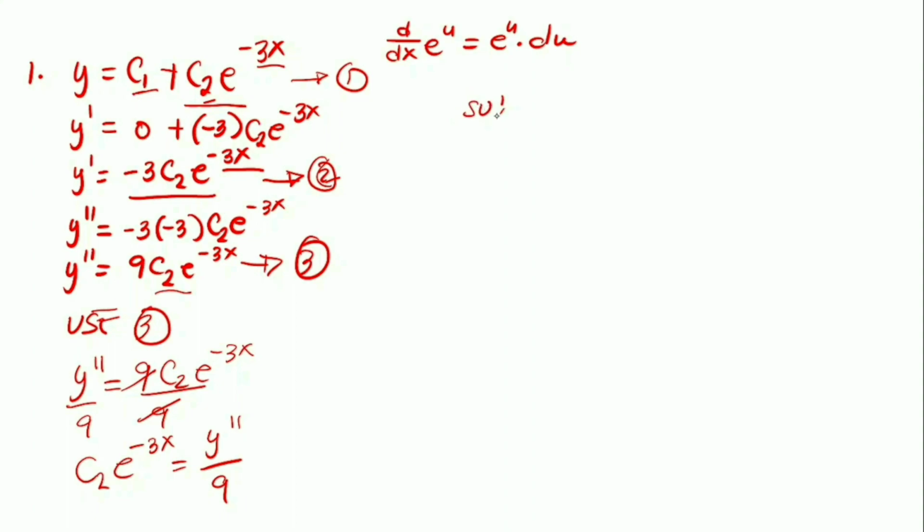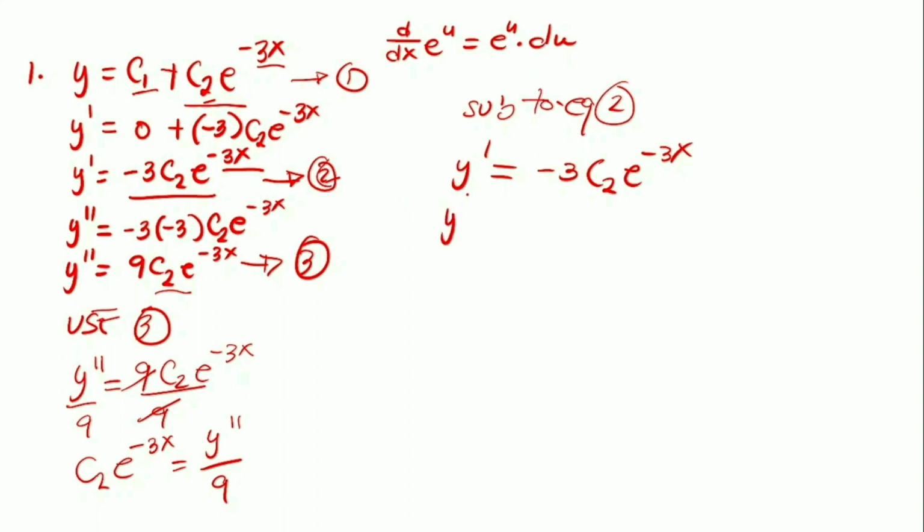Okay? Now, use the value of c sub 2 e raised to negative 3x to substitute to equation 2. So, ano yung equation number 2 natin? So, y prime is equal to negative 3 c sub 2 e raised to negative 3x.